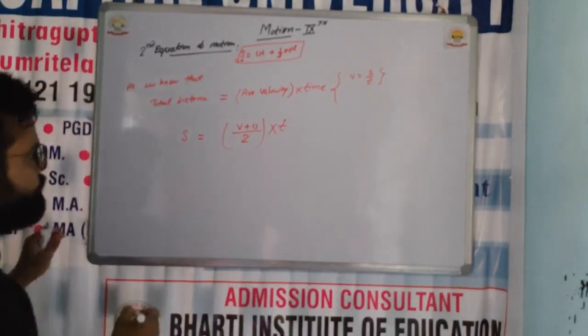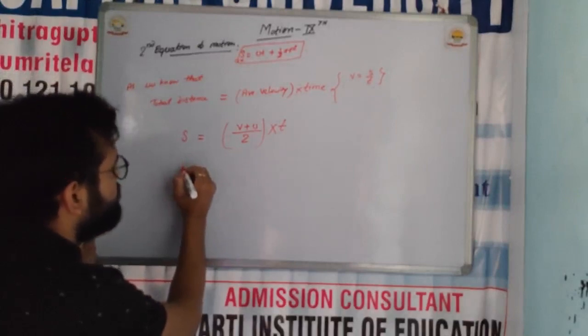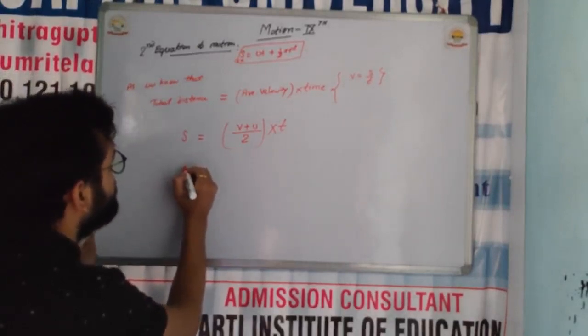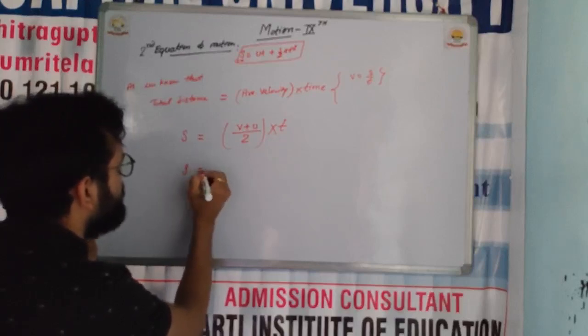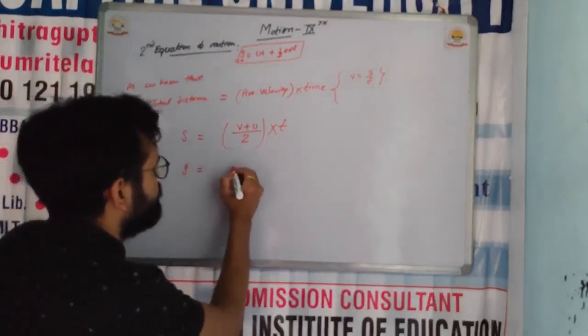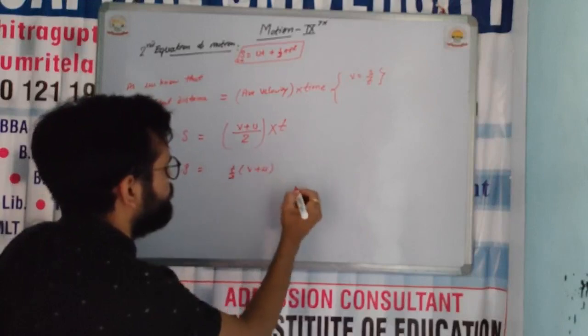Now on multiplying here, we get s equal to t by 2 into v plus u.